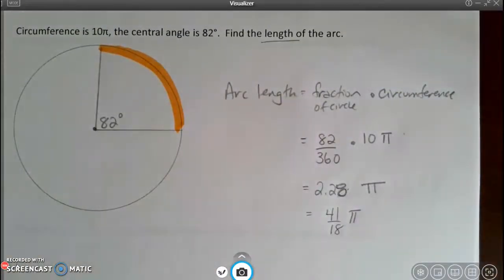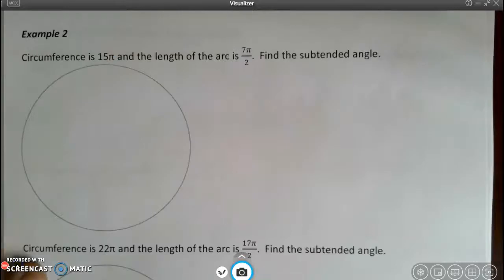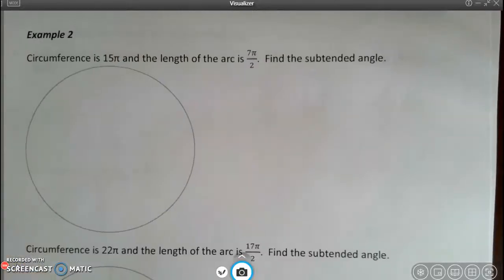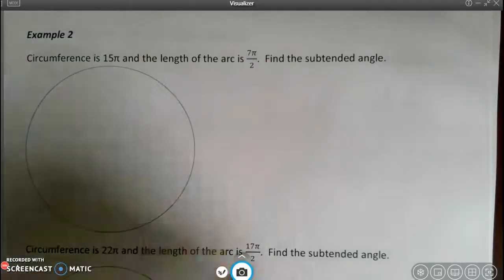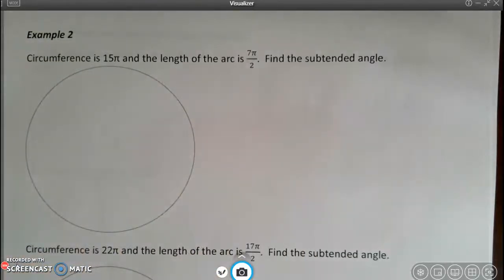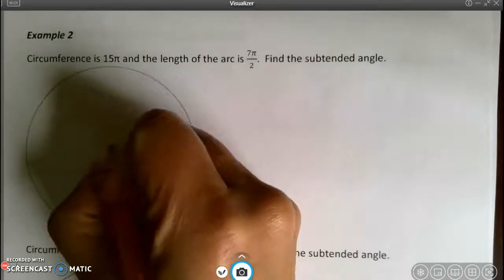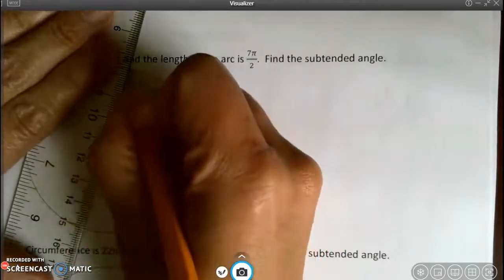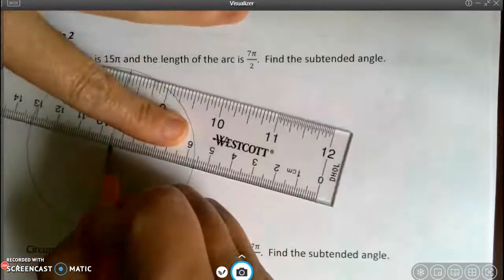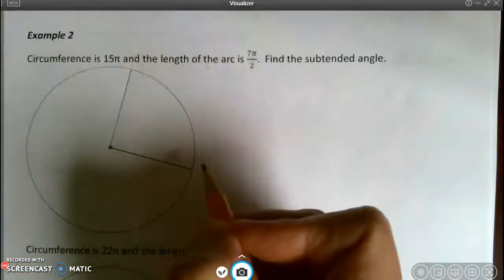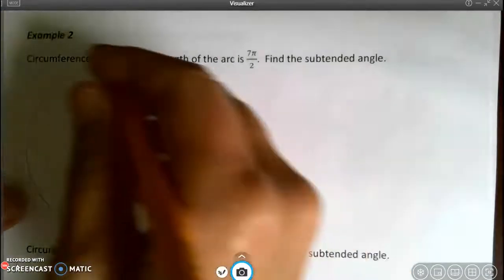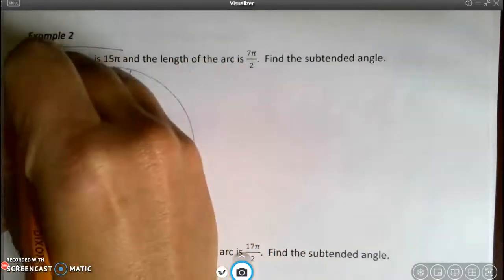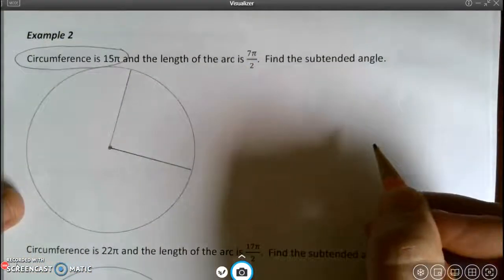Okay. All right. In example 2, we know the circumference, and this time we know the length of the arc, and we're looking for the subtended angle. So I'm going to draw a sketch. I don't really know what the angle is, so I can draw it any way that I want. I know that the distance around the entire circle, that the circumference is 15 pi.